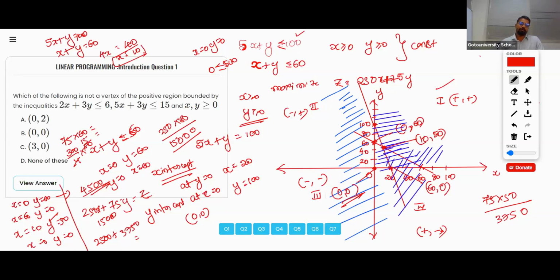So altogether, that is giving you 6,250. So out of all these, which one is giving you the highest value? This one, where x is equal to 10, y is equal to 50.